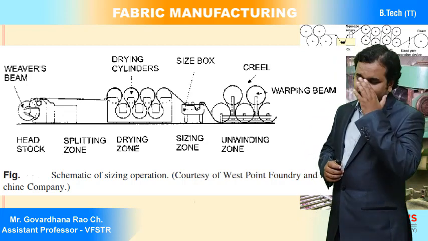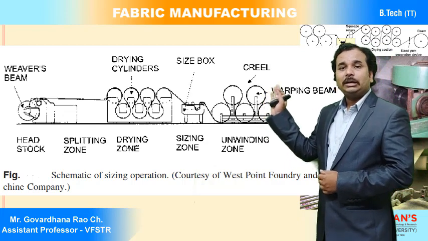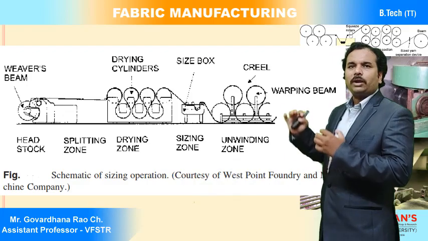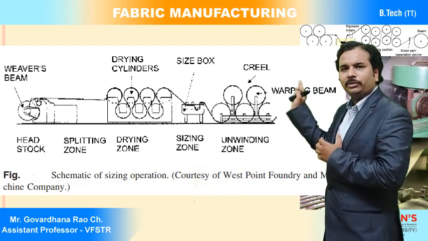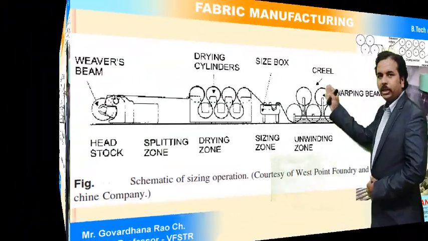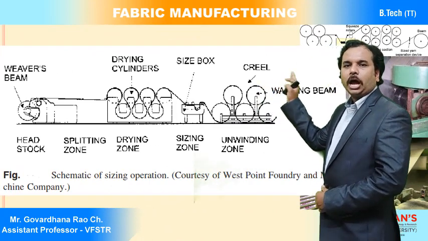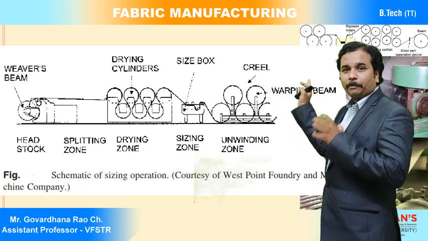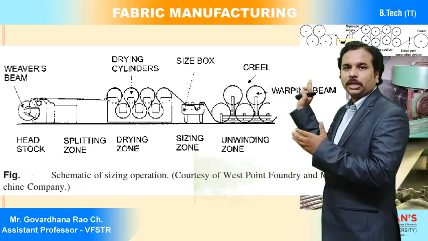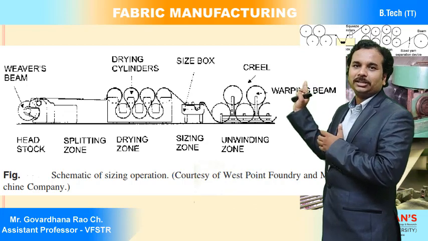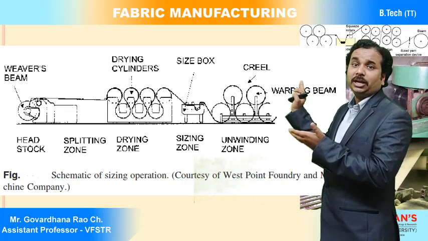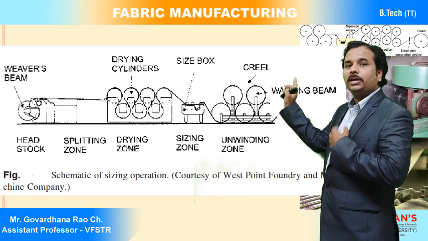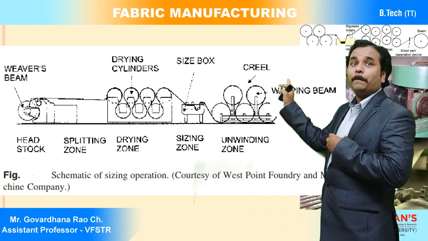So now please see here. What do the multi-cylinder drying machines consist of? Same as what we have in the creel section, that is the creel zone. After the creel zone we have a size box, and after the size box we have a drying zone. But please compare the 2-cylinder sizing machine with the multi-cylinder sizing machine. In the 2-cylinder sizing machine we have only 2 drying cylinders, and here we have multiple cylinders.